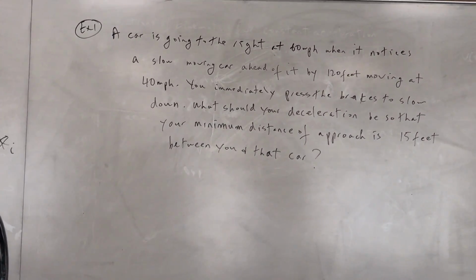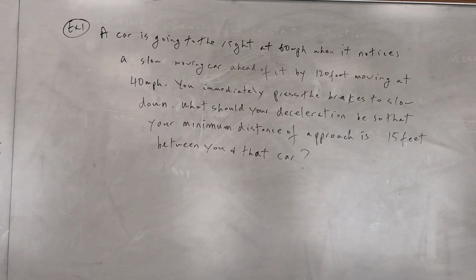You immediately press the brakes to slow down. What should your deceleration be so that your minimum distance of approach is 15 feet between you and that car?